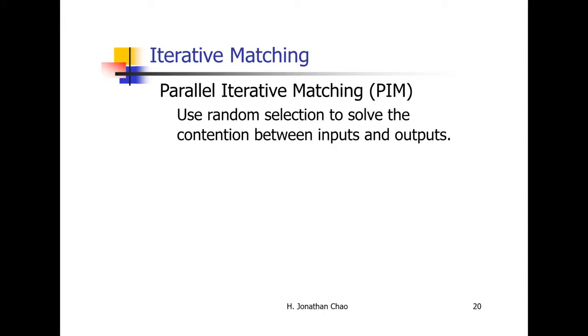I just want to show you the first of this type of algorithm that can be applied to perform maximal matching, and it's the simplest one. It's called parallel iterative matching, and it is based on random selection to solve contentions between inputs and outputs.